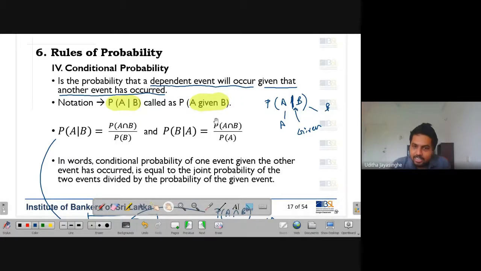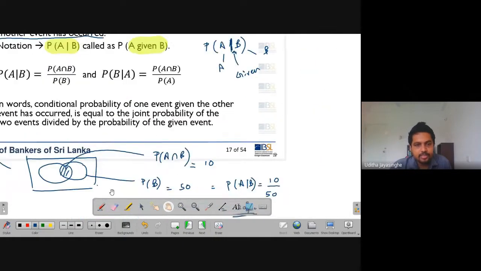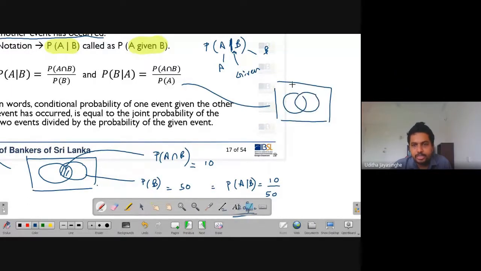If I write the wording again, simply to get the same idea, use the same Venn diagram, A and B. Now in here, is it A given B or B given A?